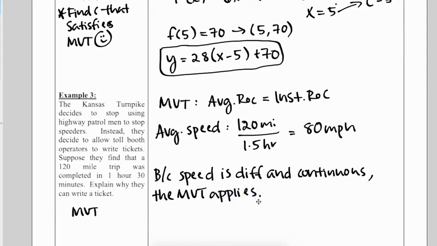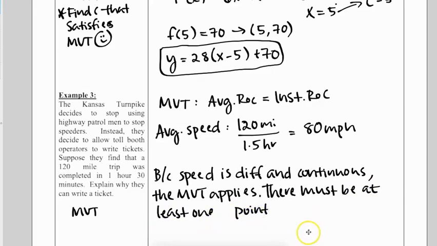So that means that there must be at least one point in time where the average speed equals the instantaneous speed.